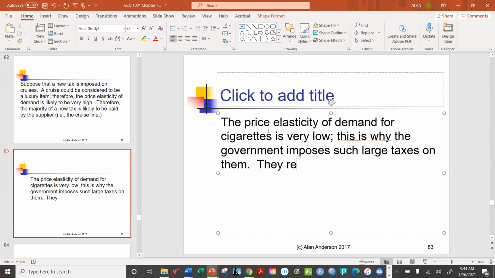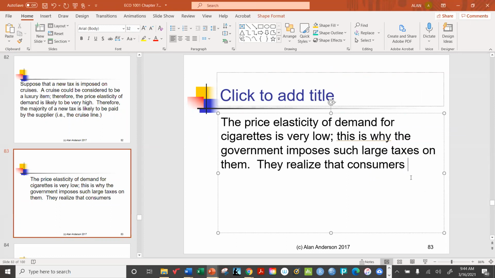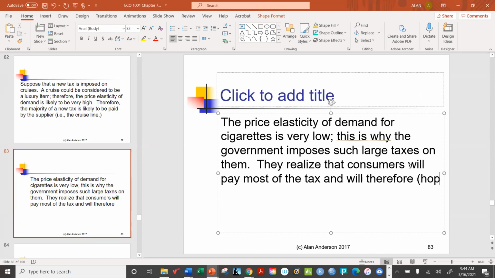They realize that consumers will pay most of the tax and will therefore, hopefully, smoke less.